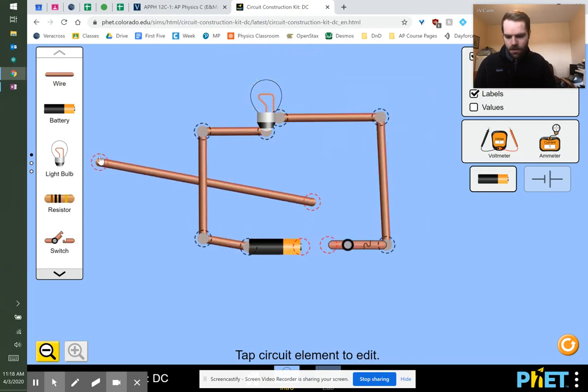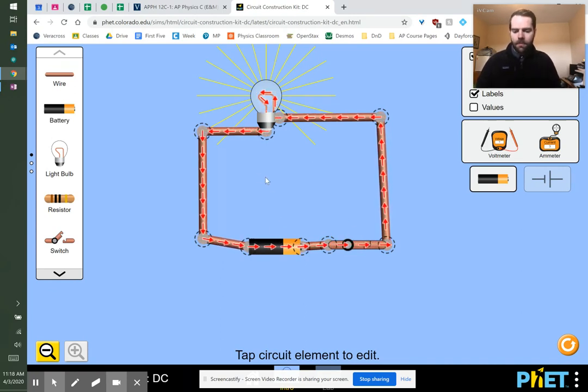Okay, let me attach that back here just so it looks a little nicer. Looking at this circuit, this side of the battery, the little yellow side, is the positive terminal. This is showing us conventional current, the direction that positive charges would be flowing.